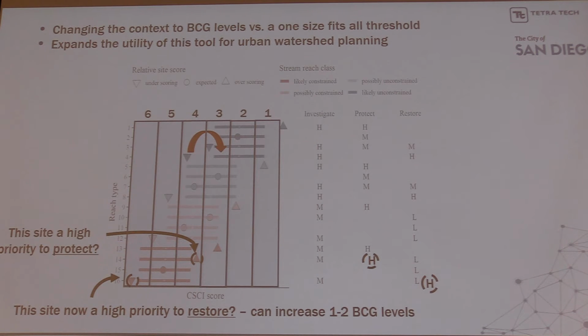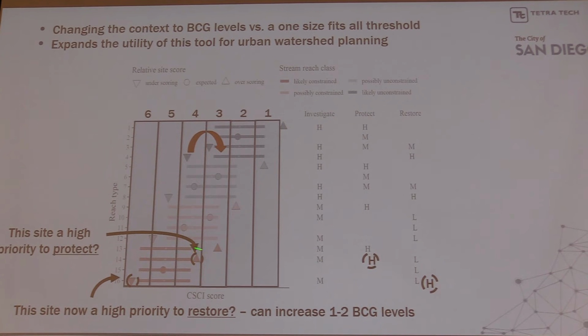And so what we're talking about is meshing. What you have is your BCG tiers up there, 6 to 1. Again, 6 is the worst. And here's what I showed you before. This is a site that would be maybe a good one for restoration because it's underperforming relative to its peers. But we pointed out a couple of other sites down here, which if you just use the CSCI only, you would maybe consider low priority.